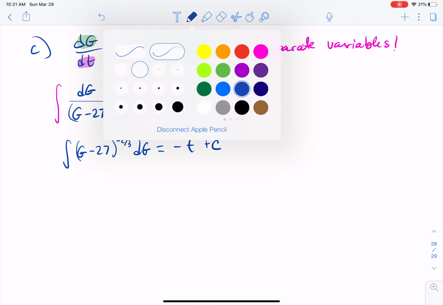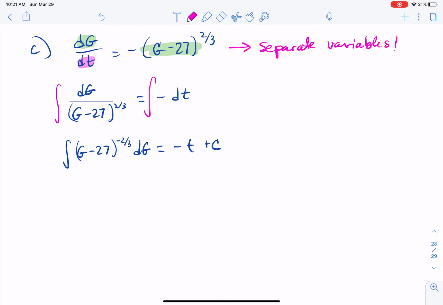Now, on the left-hand side, when I take the antiderivative, it looks like I need to do a u substitution because it's a composite function. Our u is equal to g minus 27, and our du is equal to just dg, which means we really didn't need to fix anything. This is just u to the negative 2/3 power.